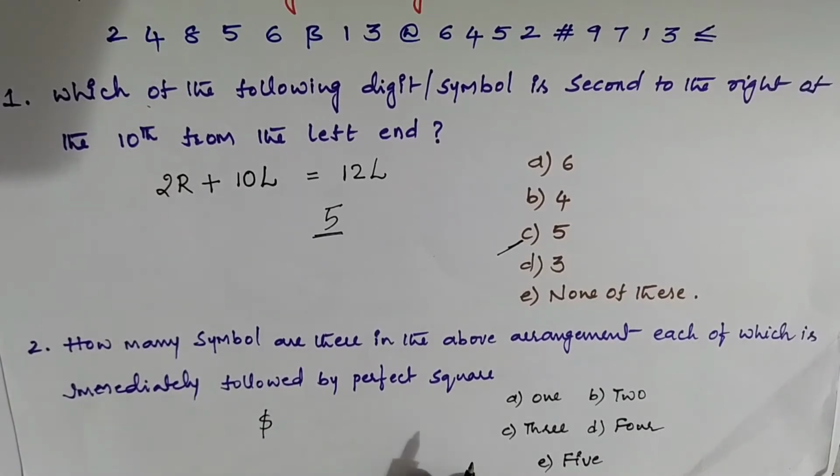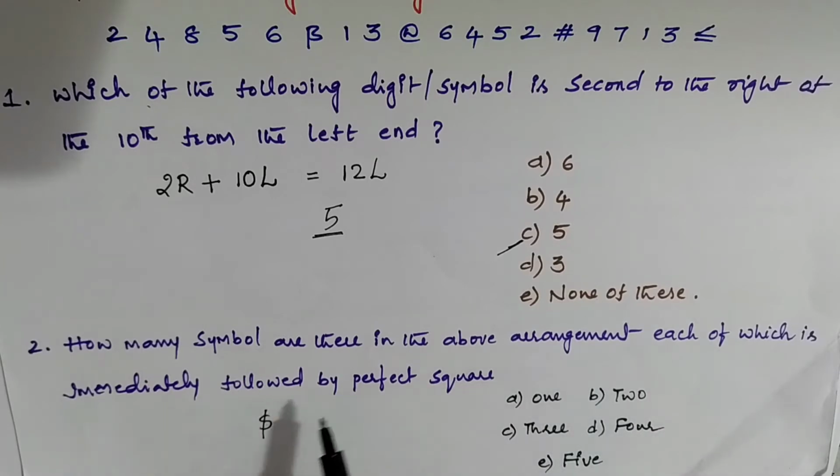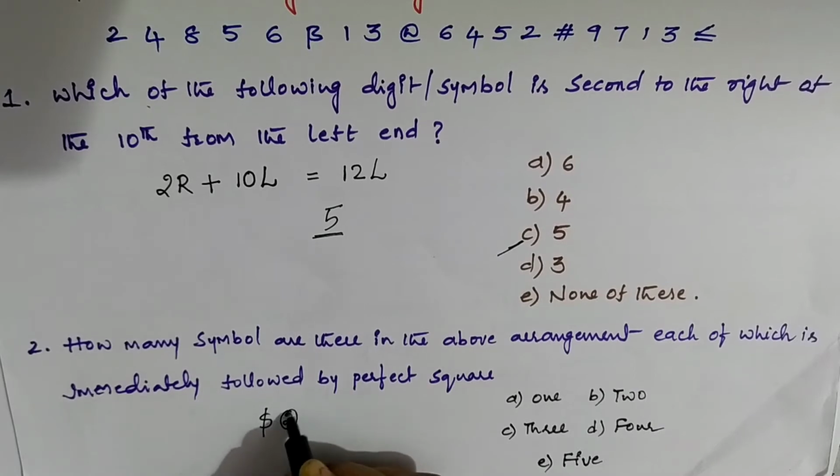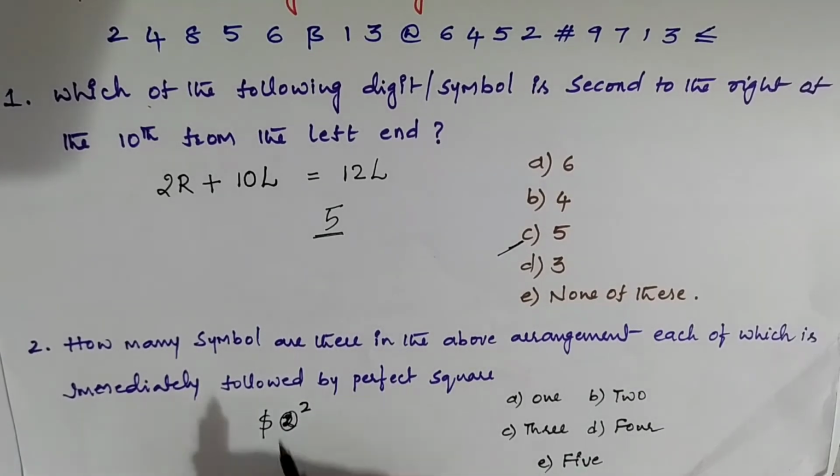Then, each of which is immediately followed, in the sense of the next element, by a perfect square. How many are there?